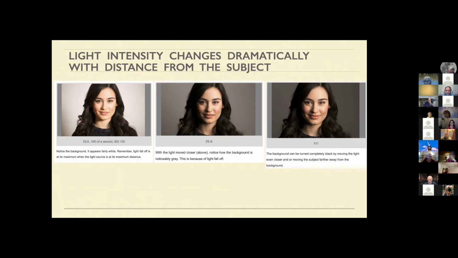I think most of us would say, well, obviously the one on the left, because there's enough light that goes past the model and it illuminates the background. In fact, it's actually the opposite.